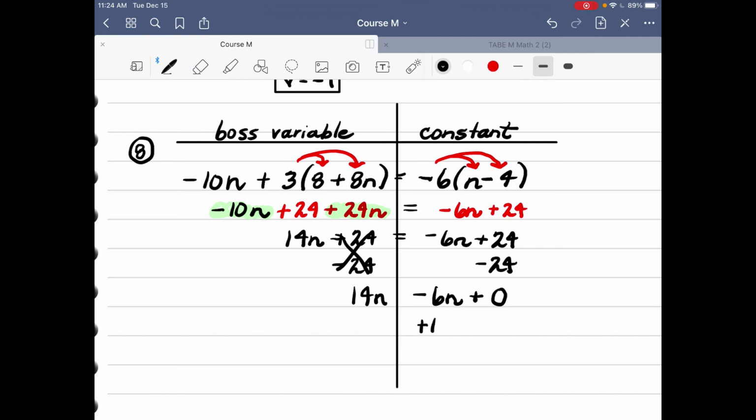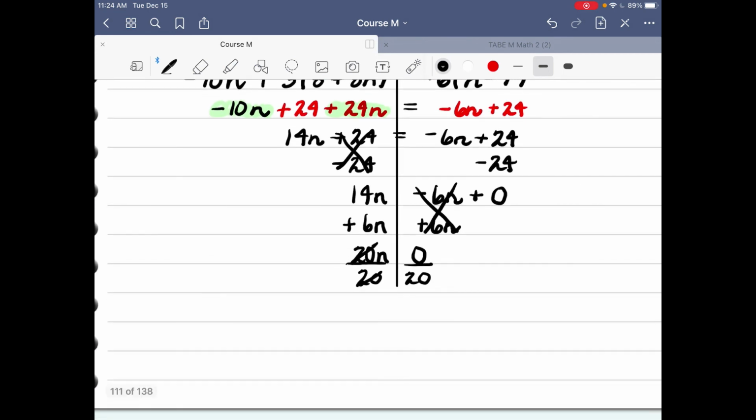So 6n plus 6n on this side. Cancel. I have 20 n's and a 0. Divide both sides by 20. 0 divided by 20 is 0. 0 divided by anything is 0.